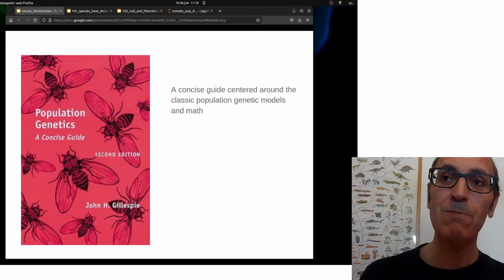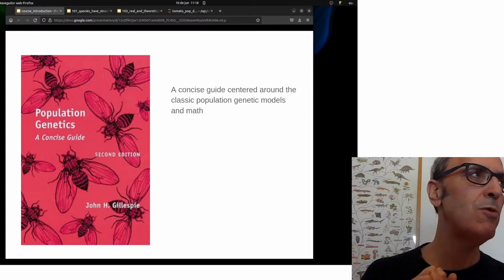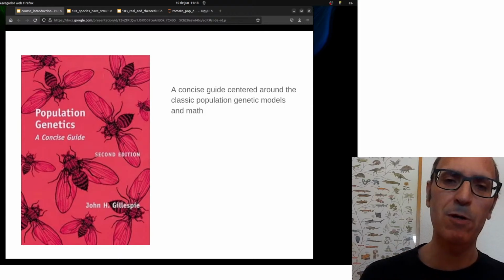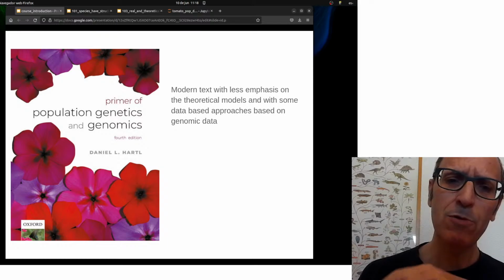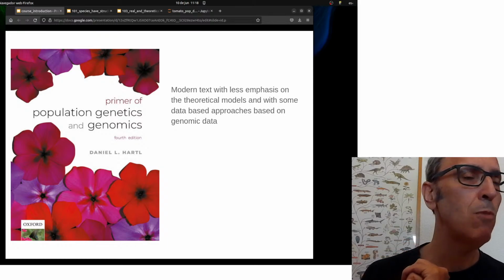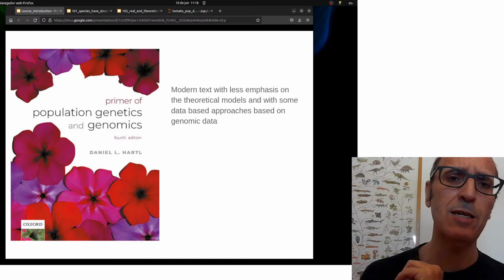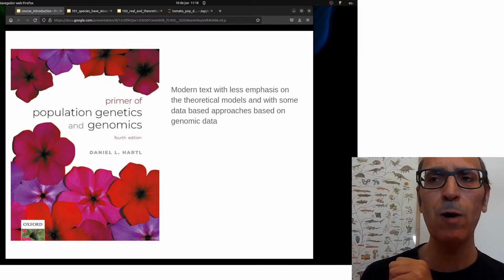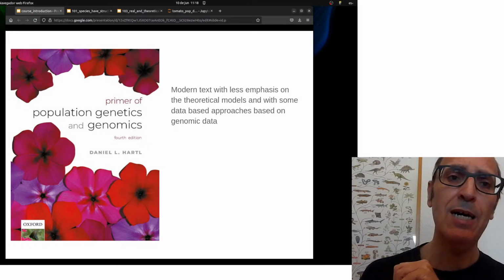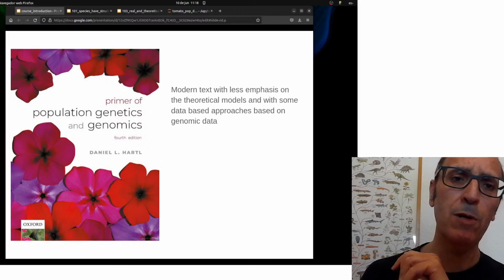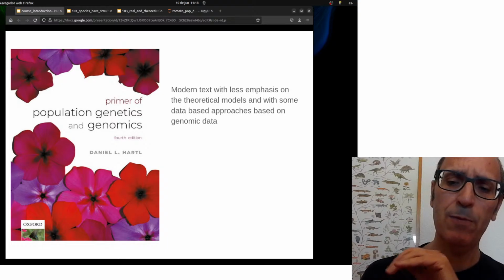It has just the most important, most relevant math and the most relevant models, not all the details, but as an introduction, it's very good. Unfortunately, there are not that many books about modern or practical population genetics. But if you want one that deals a little bit with these topics, although not that much, you can have this Primer of Population Genetics and Genomics by Hartl. It's also a good approach.